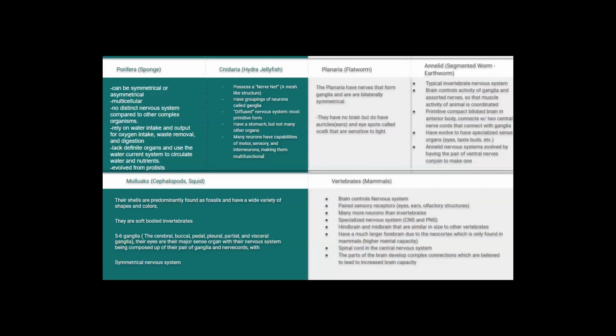They're bilaterally symmetrical. They don't have a brain, but they have primitive ears called auricles, and eye spots that are sensitive to light. Good. So when we say sensitive to light, we mean that light itself will cause a response, right? So action potentials occur in the presence of light. And then they'll either move away or toward. Remember, positive taxis and negative taxis.